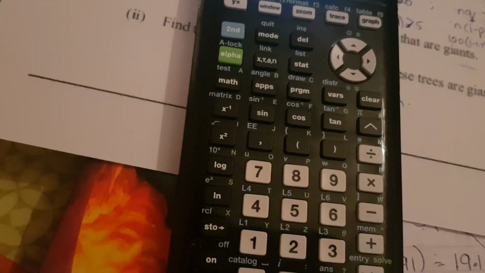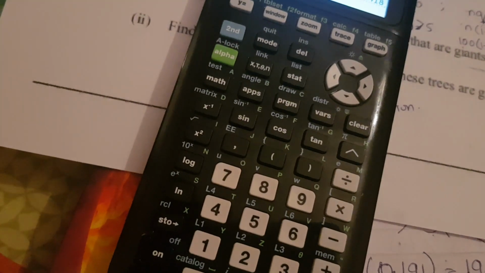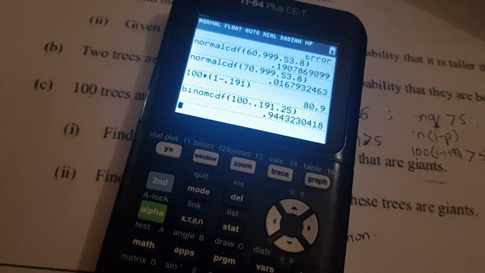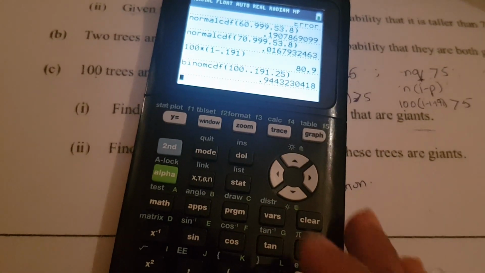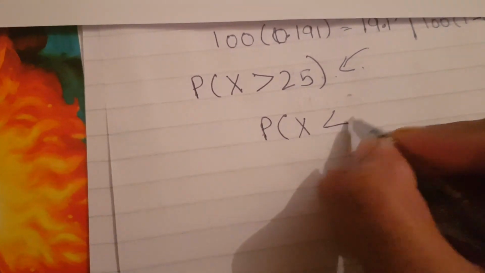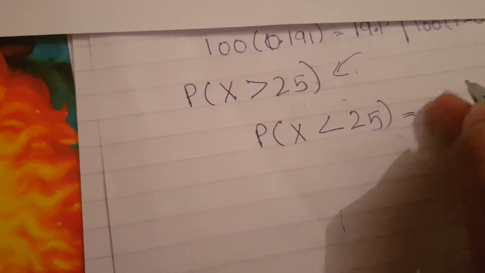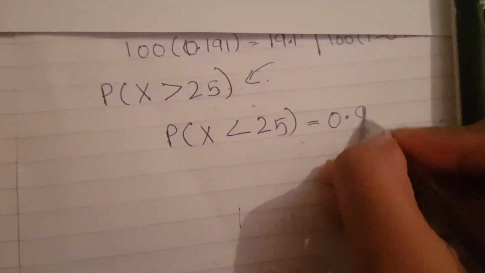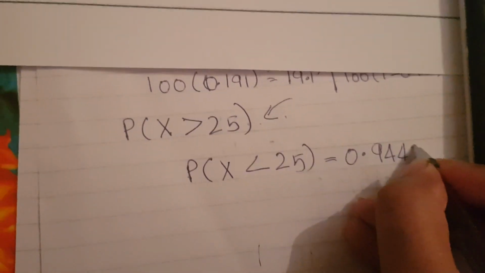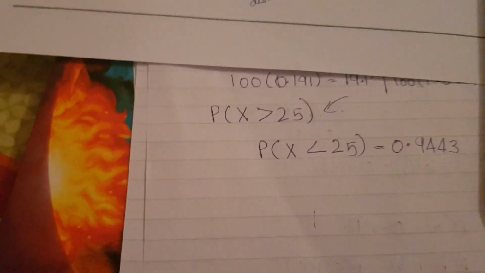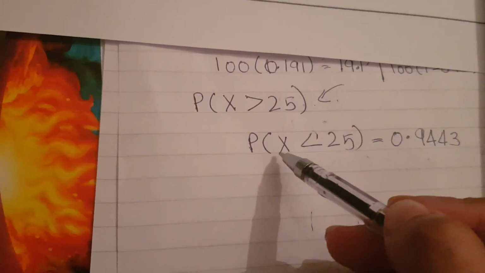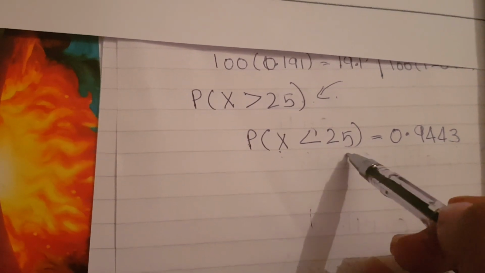So the probability is equal to 0.944. Why am I writing probability of x less than 25?